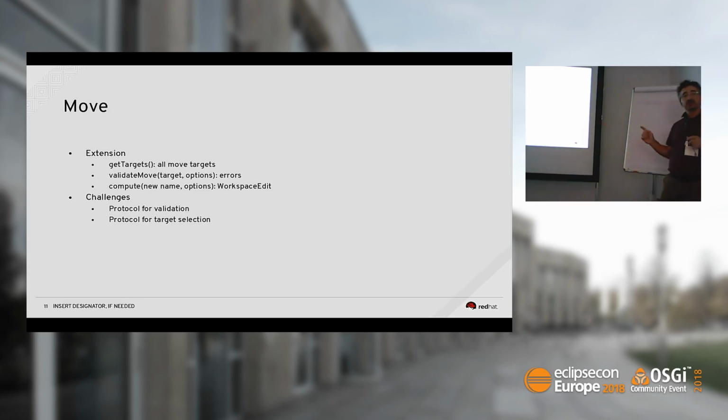So the whole preview and apply logic is completely reused from the rename, and we can do that for all other refactorings that we want to do. The challenges here were a bit fewer, because it's basically a straight port of what we had before. I think the protocol we use is kind of iffy and could be improved, but basically it's very much like the rename which we did first.